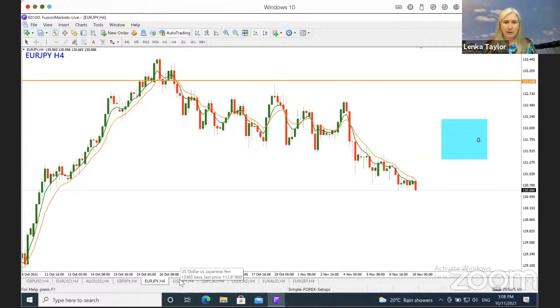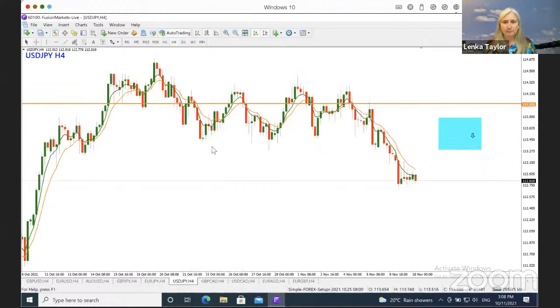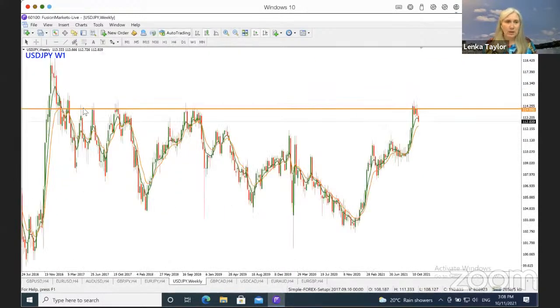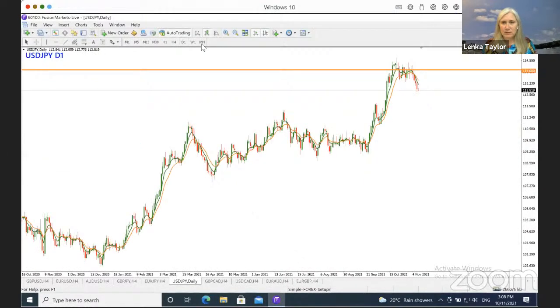Next currency pair I'm going to have a look at is USD JPY. And USD JPY, I'm looking for a short. So on the weekly, as a high level, we have that resistance level at 114. So I was looking for the price to reverse at that level. It's looking pretty good.